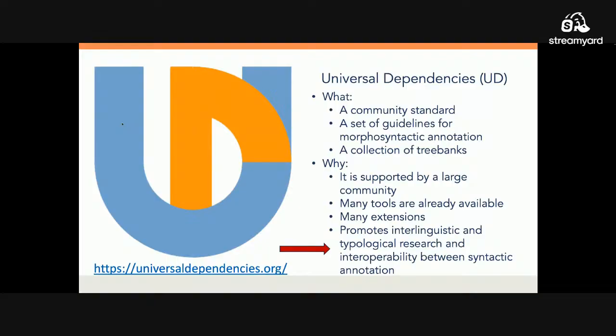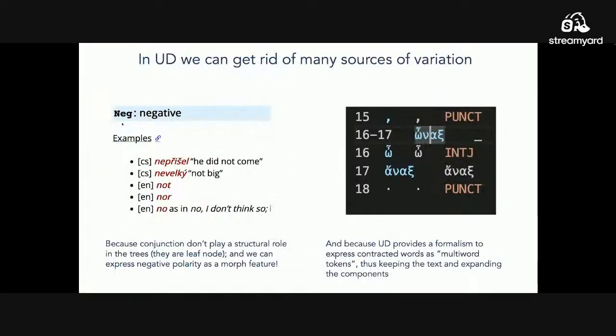So if you adopt this set of guidelines and this standard, you already have not only Ancient Greek data, not only Latin data, but also, I don't know, a treebank for Ancient Slavic, a treebank for early Italian, a treebank for other ancient Indo-European languages like Sanskrit. What I mean is that there may be documentation for as many languages as you might want to compare with your starting data.